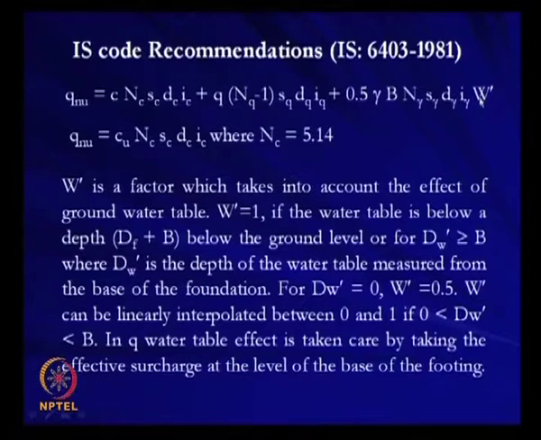And if it is within that range from the base of the foundation to a depth of B below it, then by linearly interpolating from one end to the other, we can get the correction for the water table, which is located at any position from the base to a depth of B below the foundation.